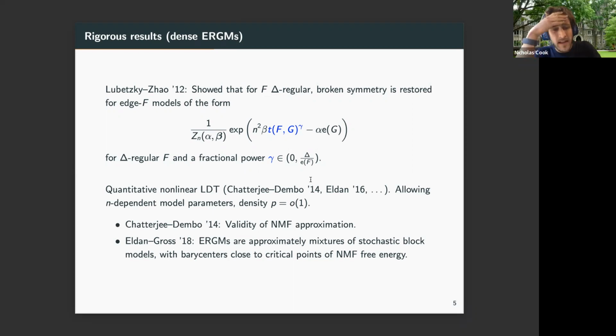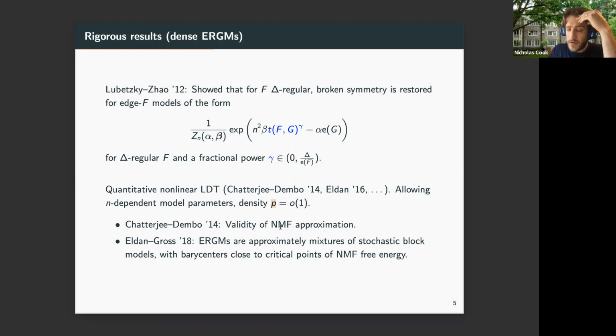And then shortly after that, there was a surge of work on the so-called quantitative nonlinear large deviations theory, starting with this work of Chatterjee and Dembo, and further developed by Eldan and others, that allowed for some of these results to be extended to sparse graphs. By sparse, I mean not dense, and by dense, I mean with p fixed.